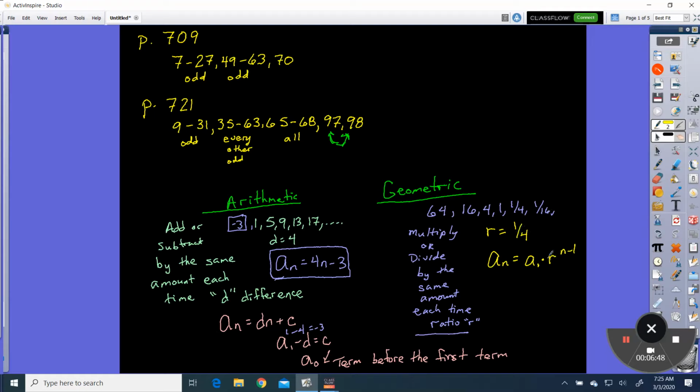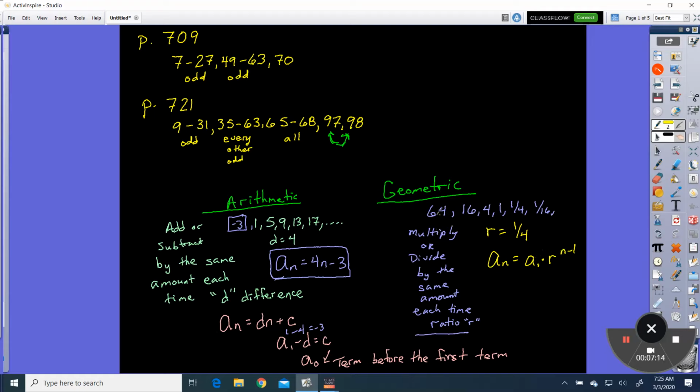So this R in the first term hasn't taken place. So when you put the 1 in there for the first term, 1 minus 1 is 0, meaning I haven't multiplied it by any R's yet. The second term, you've multiplied it by 1 R. The third term, you've multiplied it by 2 R's. So there's always 1 less R than the term you're after.